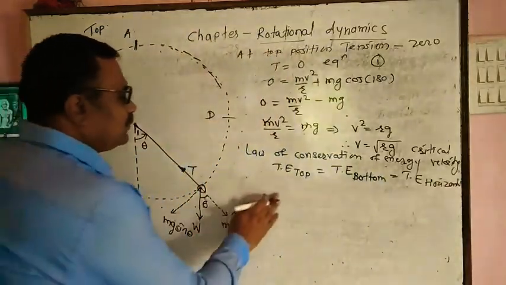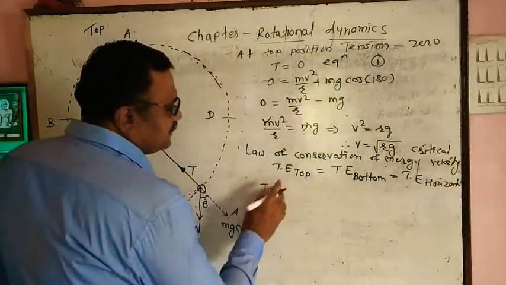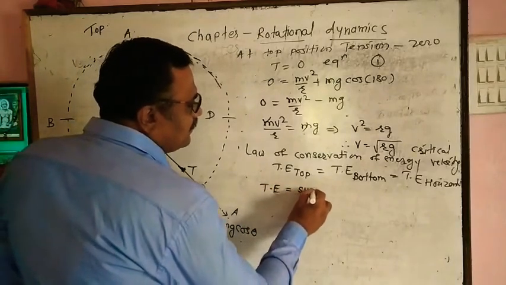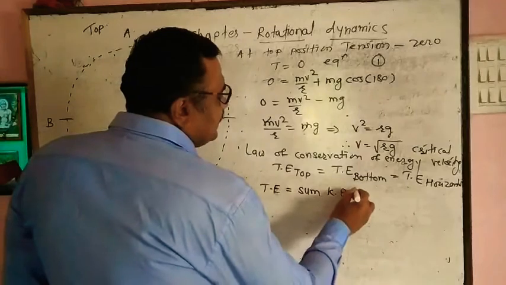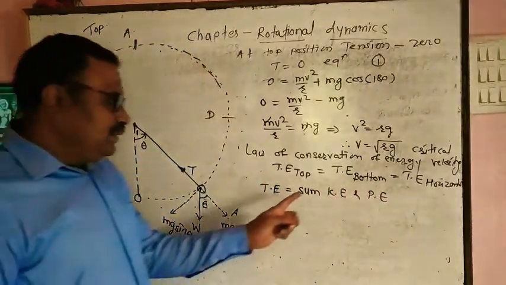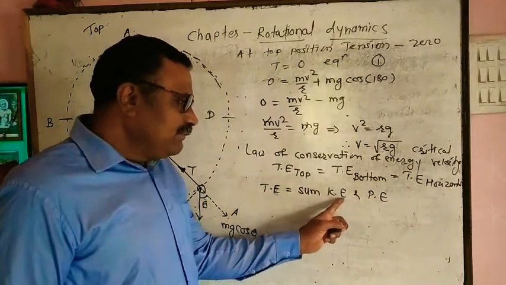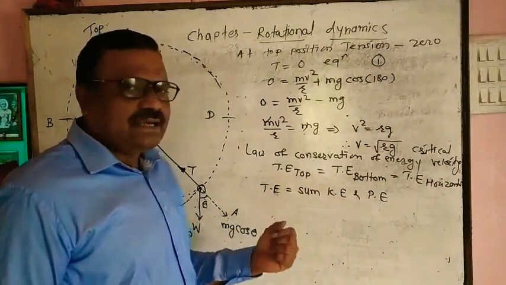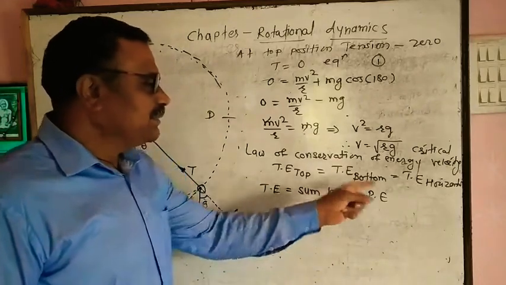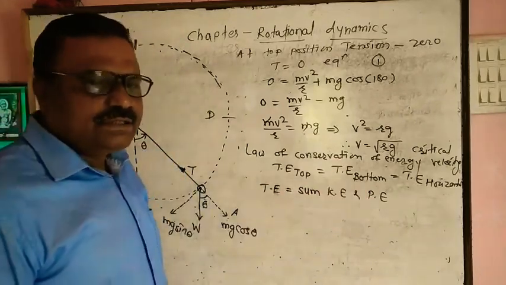Total energy is equal to the sum of kinetic energy and potential energy: 1 by 2 mv square is the formula for kinetic energy, and mgh is the expression for potential energy.